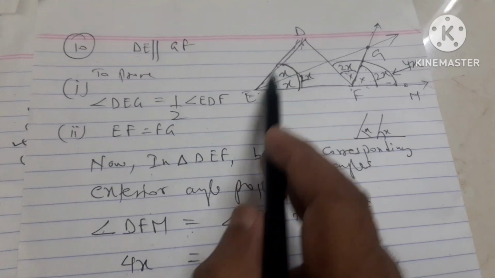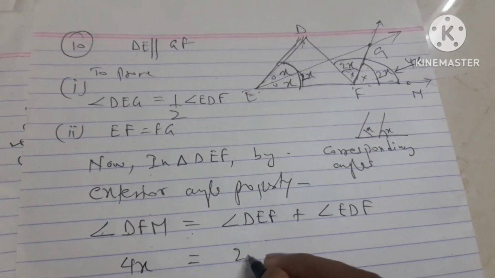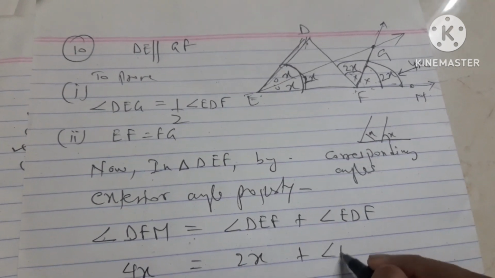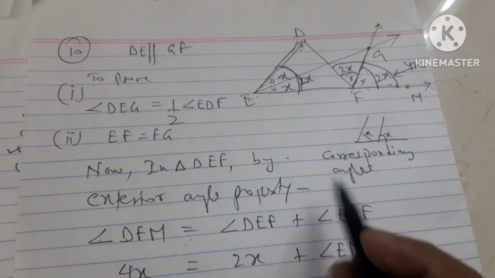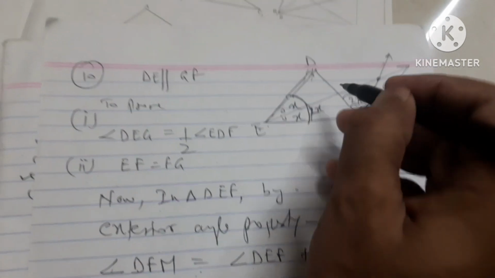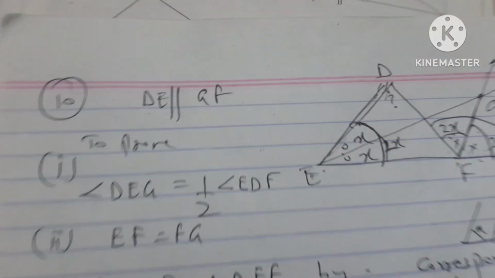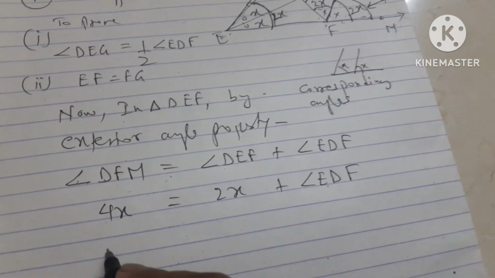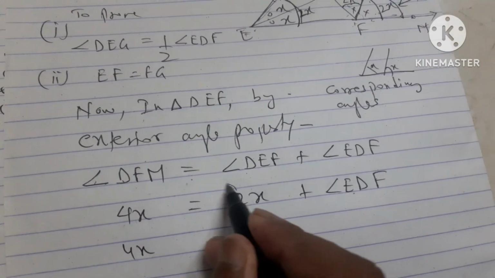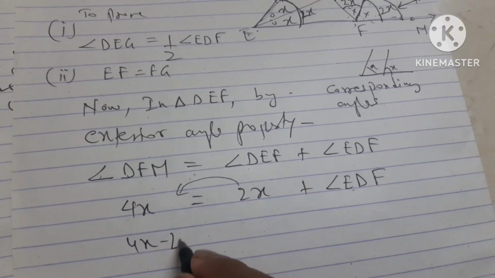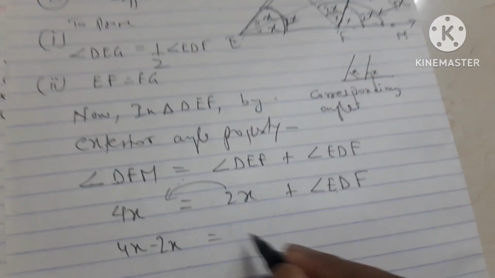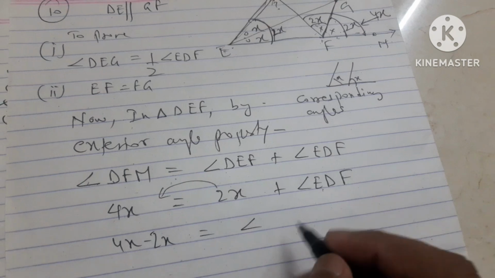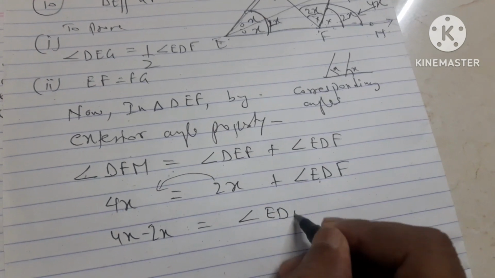Now DEF, you see here, is x and x, so I have written 2x, and that other angle we don't know, so we will write a question mark there, and the name will remain as it is. Now 2x you bring to this side because they are like terms, you subtract it, and EDF will remain as it is.